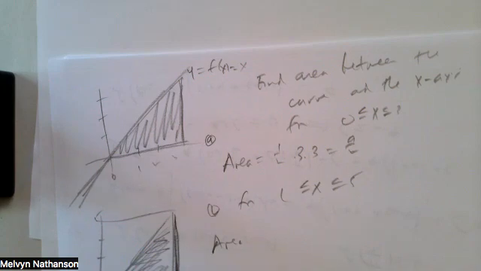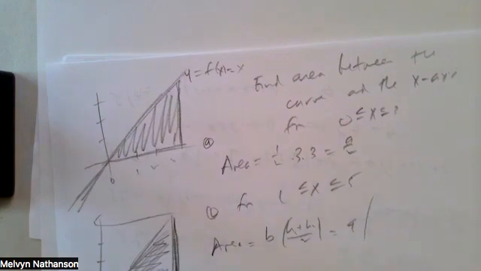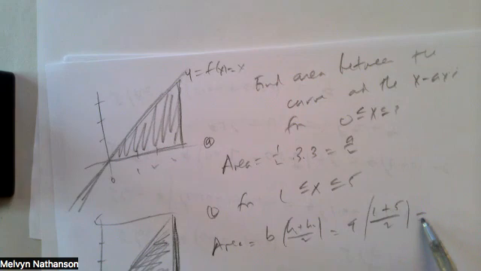So the formula for the area of a trapezoid is the base times the average of the heights of the sides. So the base is 4, and the height is 1 plus 5 over 2. That's 4 times 3. This is 12. Well, that's not so hard.